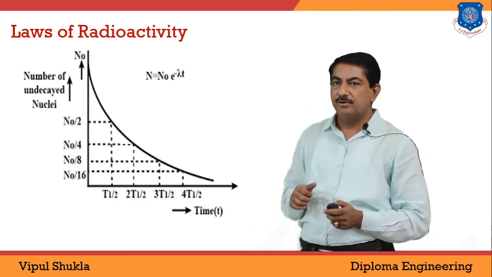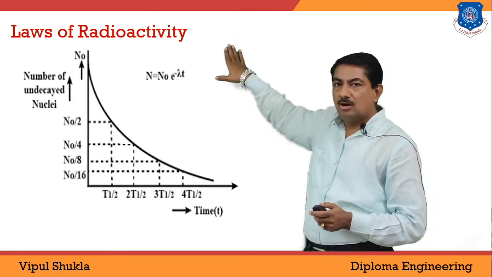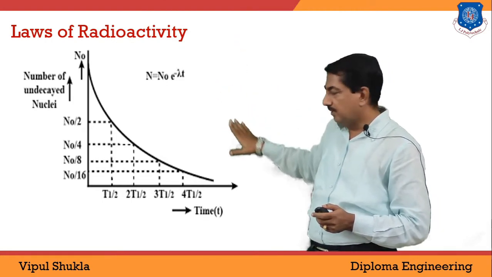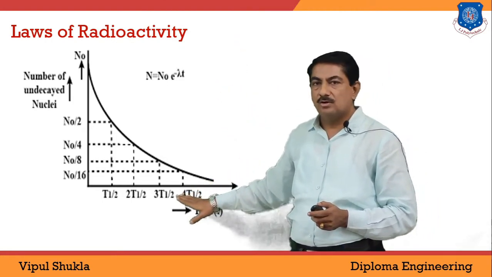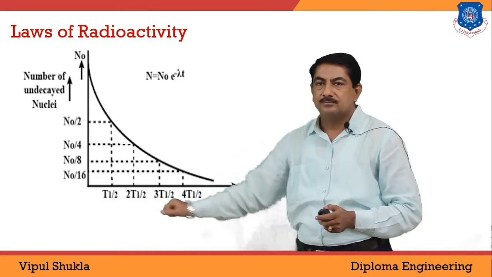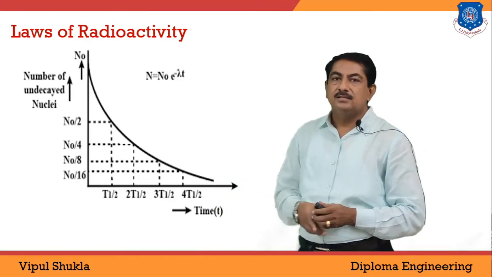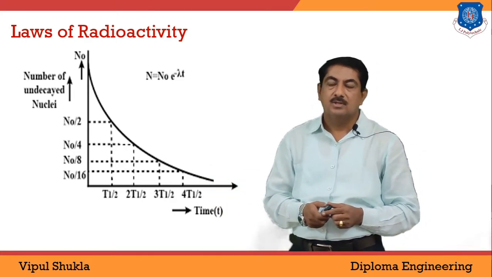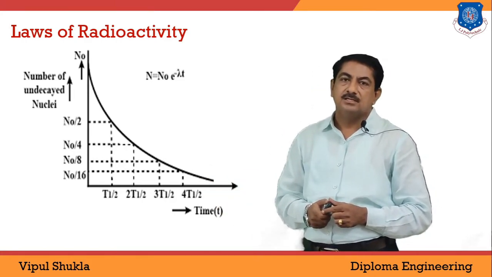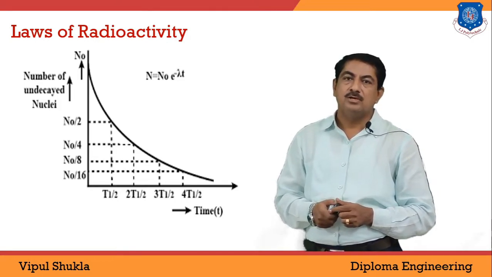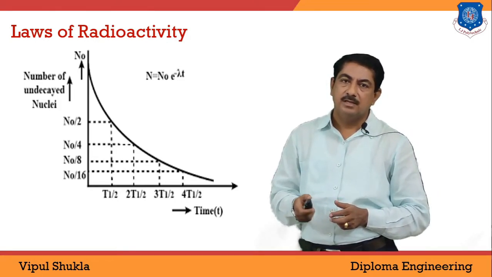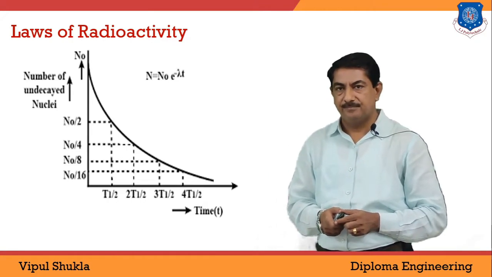We get different values of N on the y axis, and similarly we get the values corresponding to time t. Here this t indicates the half life. Half life is the time in which the number of original nuclei becomes half.